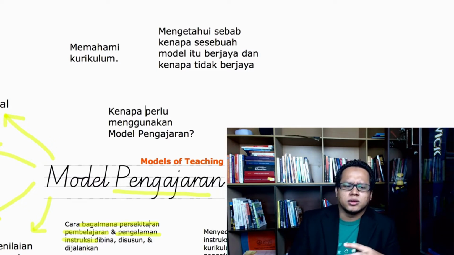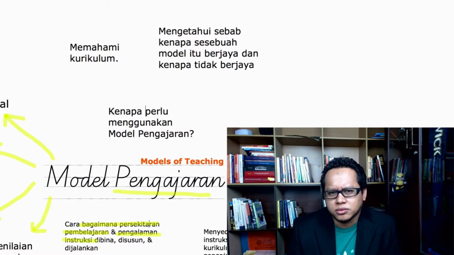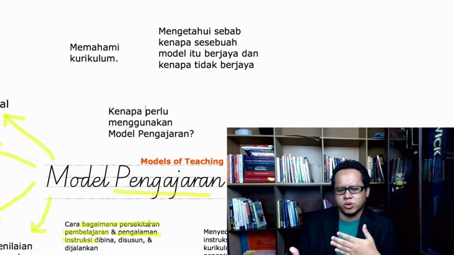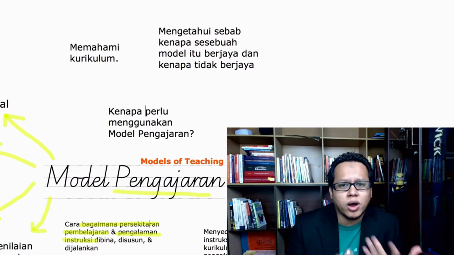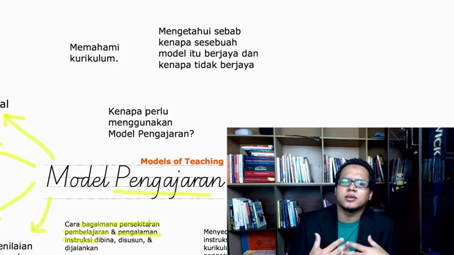Contohnya, kita gunakan strategi gallery walk. Dan benda tu tak berhasil. So kita tahu yang kita buat itu strategi itu adalah gallery walk dan tidak berhasil. So kita we can take a step back and see why ini aktiviti itu tak membuahkan hasil yang seperti yang kita inginkan.